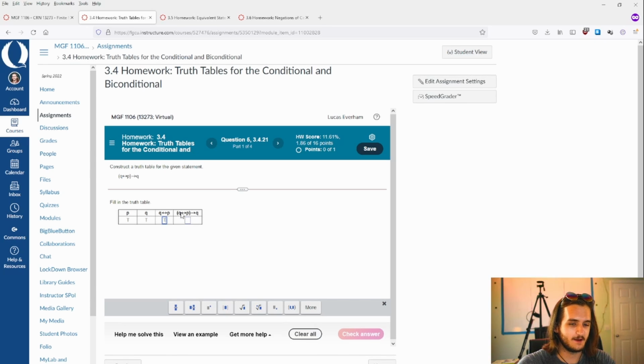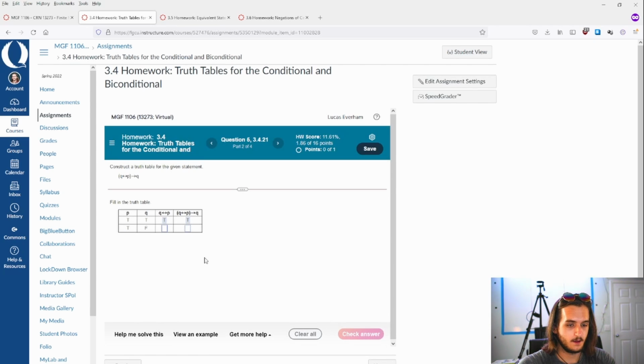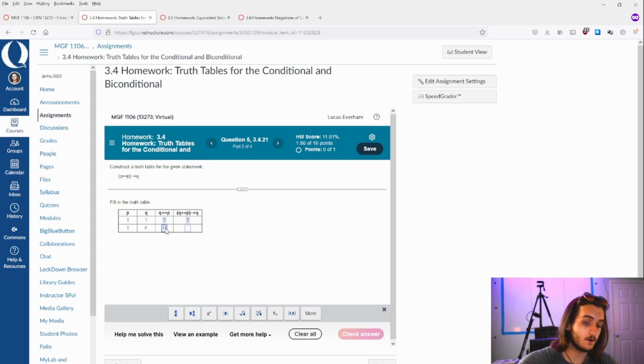Then we want to talk about this leading into Q again. So it's going to be weird reading this table, but we're going to go from this one to this one to this one, then this one back to that one, where we have true, then true. The conditional is true. Then in our next case, let's be careful here. These two do not match up, so the biconditional is false.